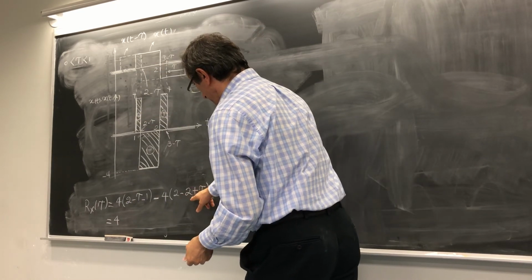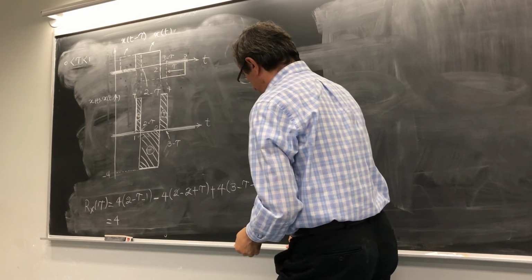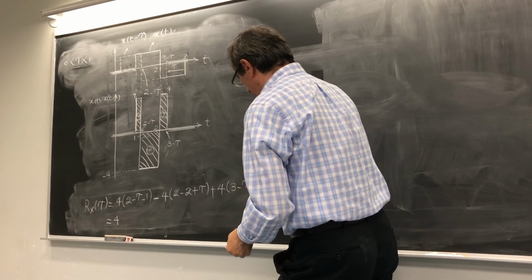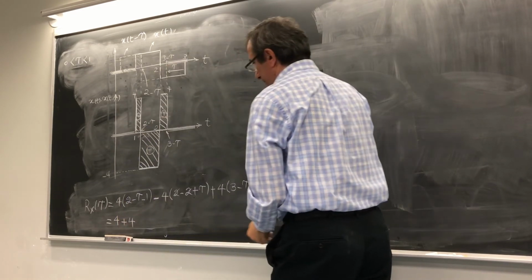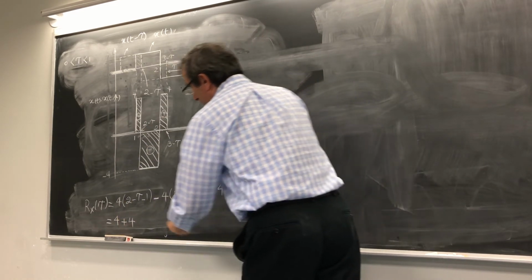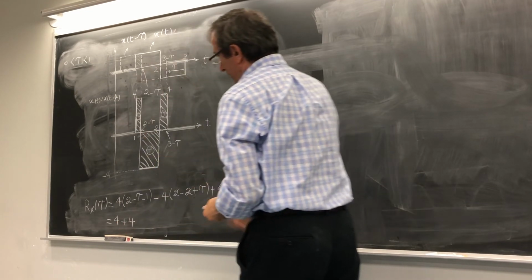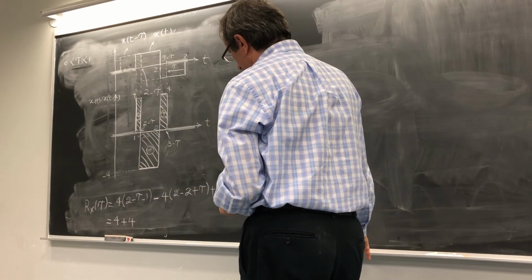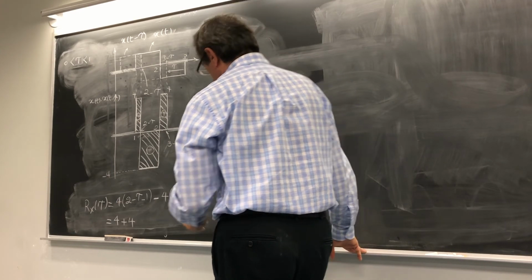Then these two are cancelled out. Here we've got another 4. Then here we've got minus 4 tau, minus 8 tau, minus.